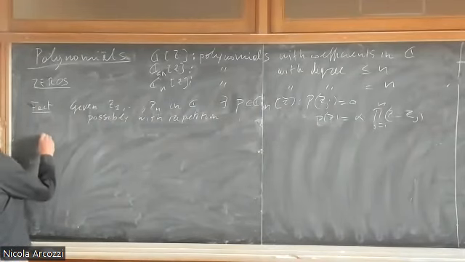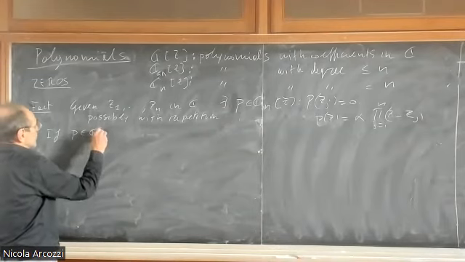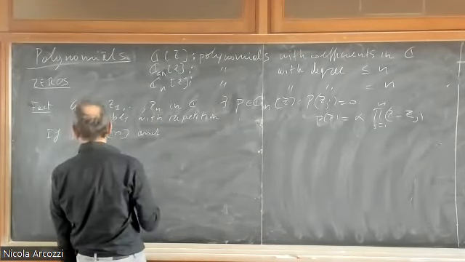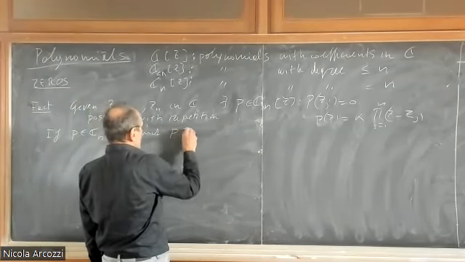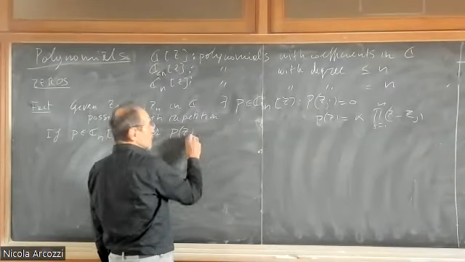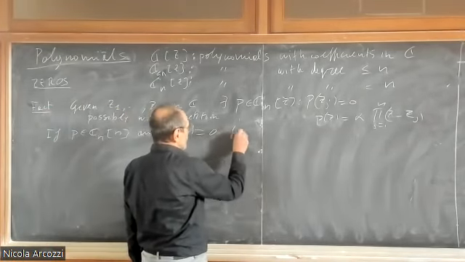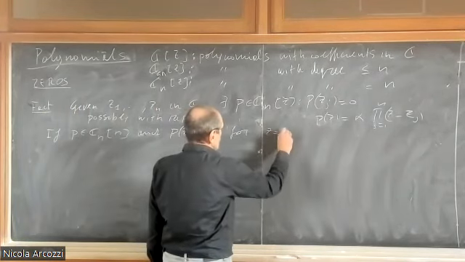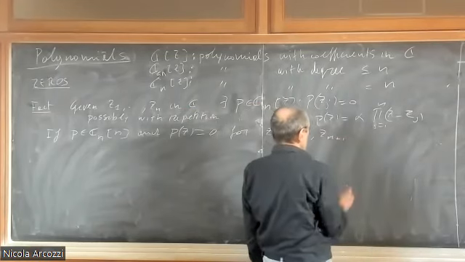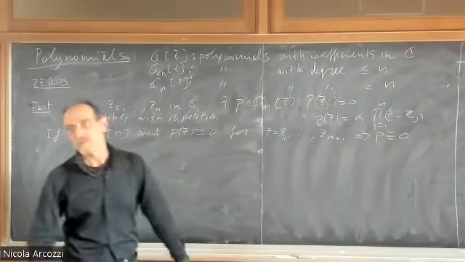Also, if a polynomial has degree n and vanishes at more than n points, then this polynomial vanishes identically.